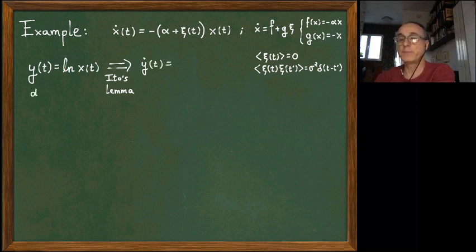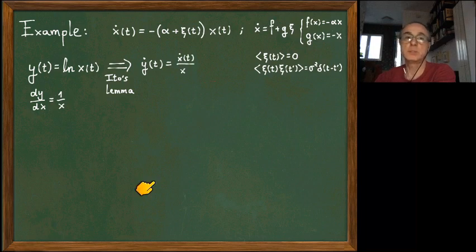And then we first calculate the derivative of y with respect to x, this y prime that appeared in the lemma. It is of course 1 over x. So remember that the first term was x dot times the derivative, which is 1 over x, so x dot divided by x.